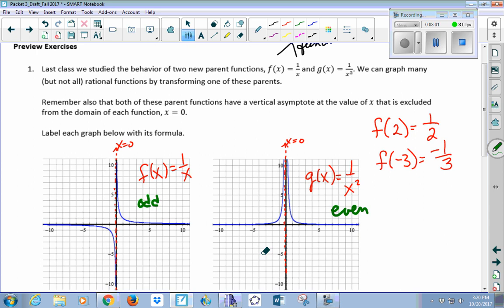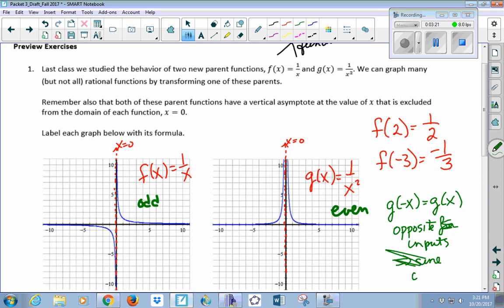I think you can remember that the test for even symmetry is if I put in opposite values for x, opposite inputs create the same output value. Same outputs. Whereas with the function that has odd symmetry, or symmetry about the origin, opposite inputs produce opposite outputs.